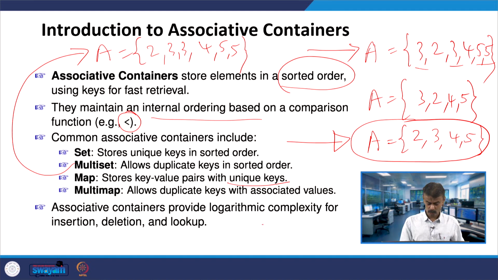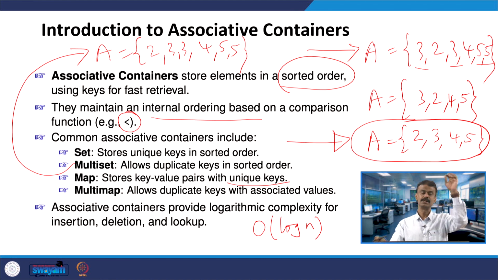Those who have studied or are going to study data structures or algorithms know this is order log n, where n is the number of elements in the set, multi-set, map or multi-map. You can insert, delete, look up or update in order log n time, that means approximately log n steps.